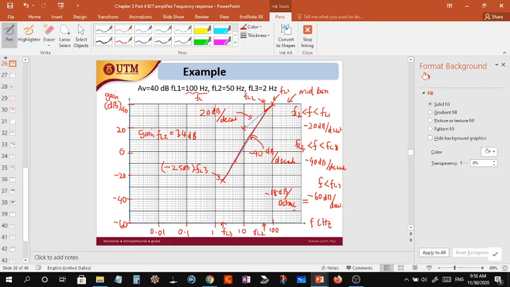So what is an octave? An octave is the change of twofold. So if the initial frequency is 2 Hz, after 1 octave, the frequency is 1 Hz. So at 1 Hz, the gain should be minus 25 minus 18, which is minus 43.